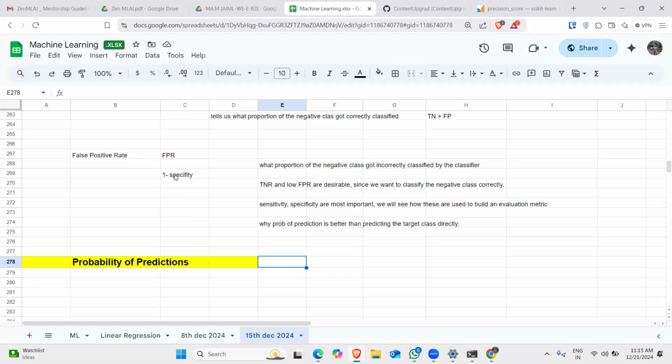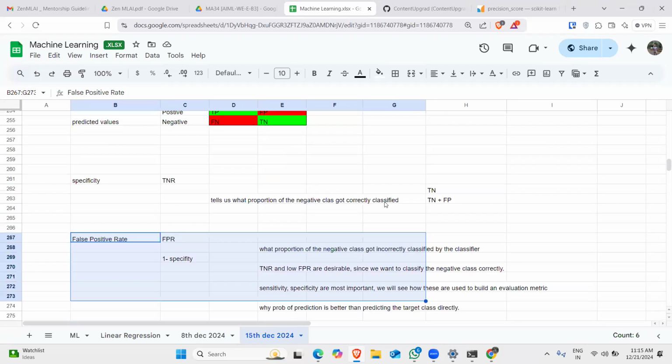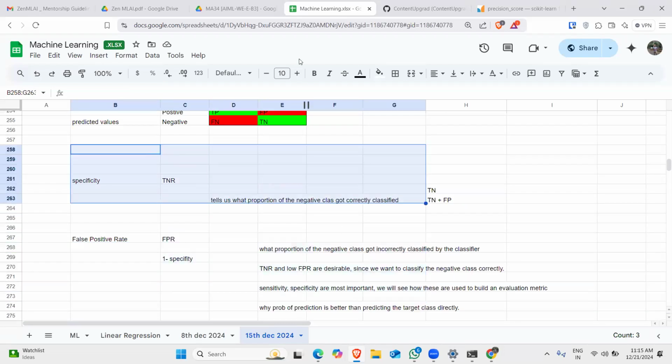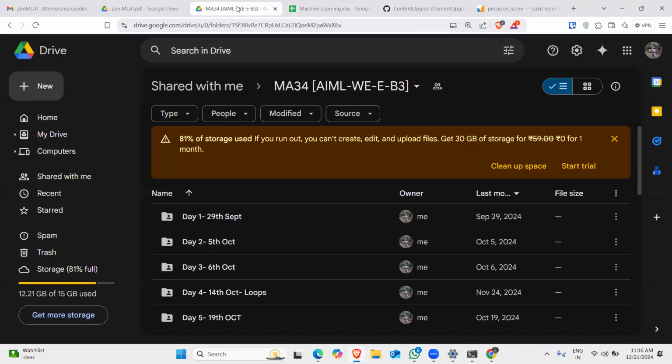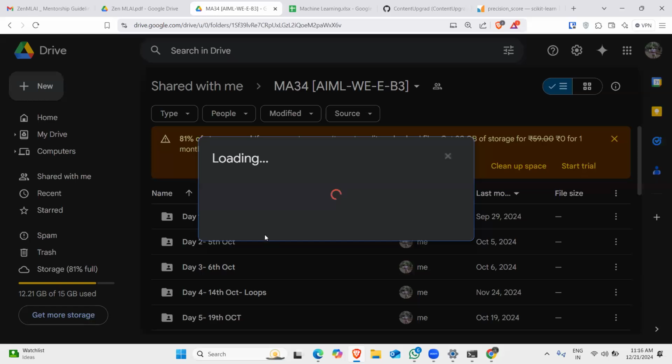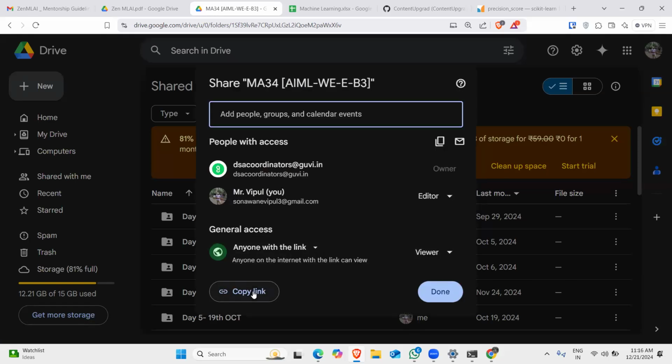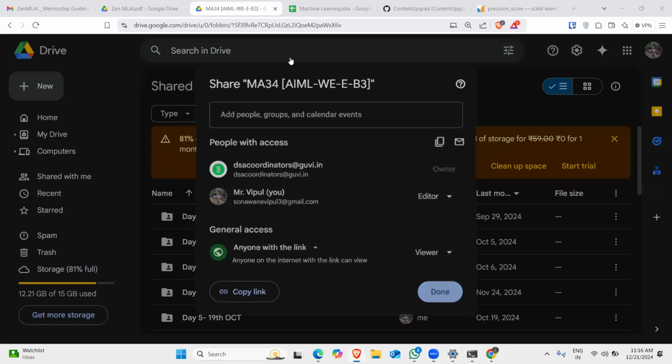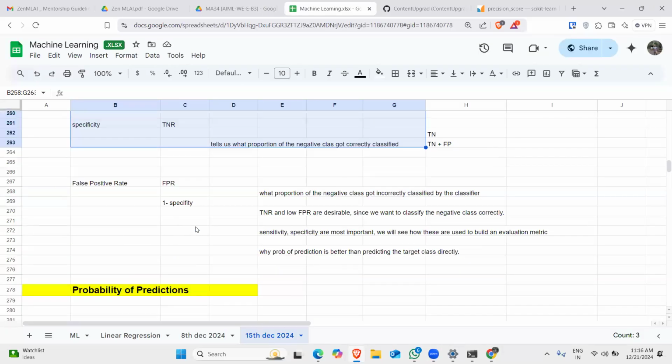Just you go through this false positive and true positive, right? Just give me a minute. Just allow me a minute. Kindly send drive link. You don't have your drive link? Yes, Chandra Mohan. Don't you have your drive link? Yeah, you go through this. Just allow me a minute.